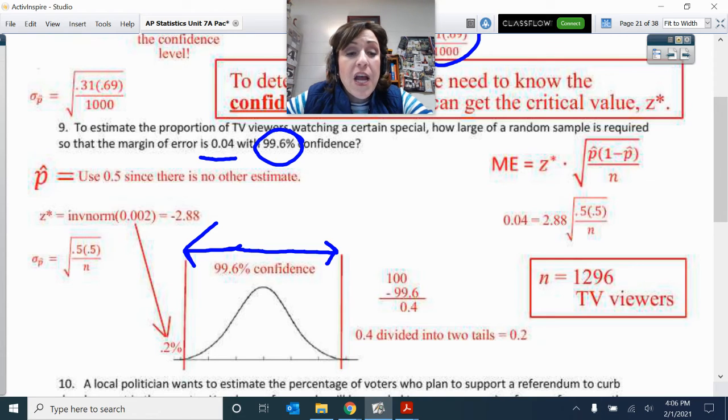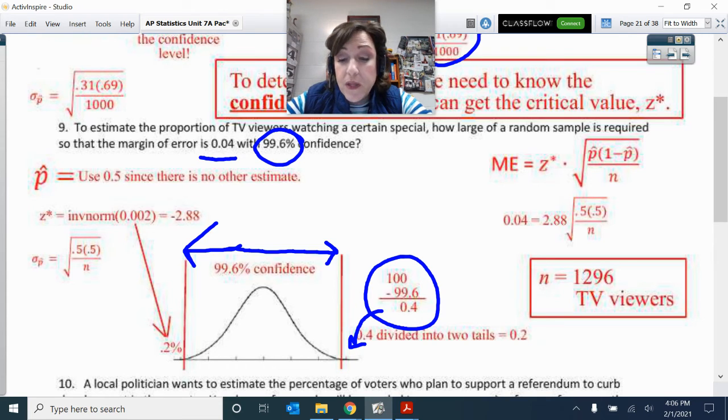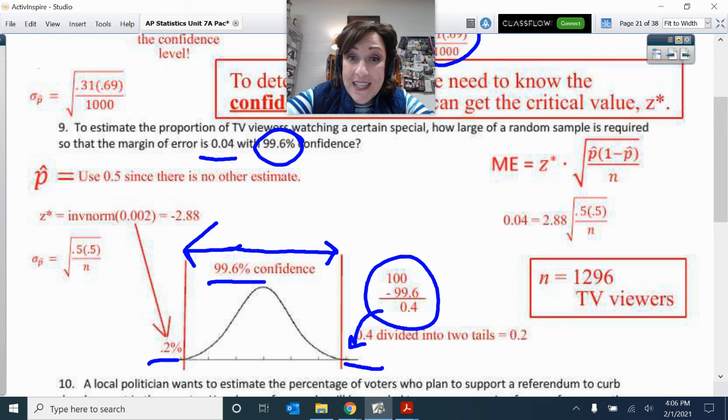So if you have 99.6% in the middle, then when you subtract, this 0.4 is split between the two edges. If you divide that in half, then that's 0.2% on each side. So 99.6% in the middle, 0.2% on either side. 0.2% is 0.002 as a decimal.